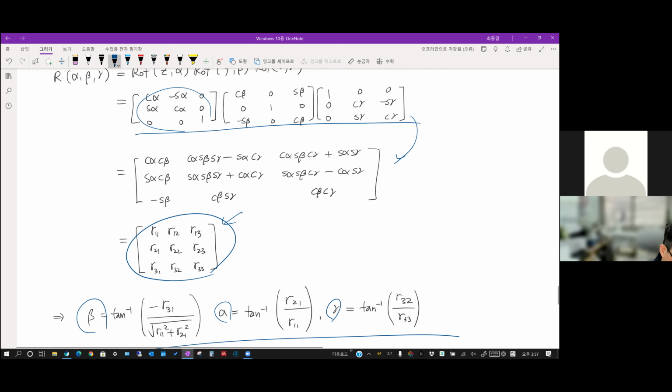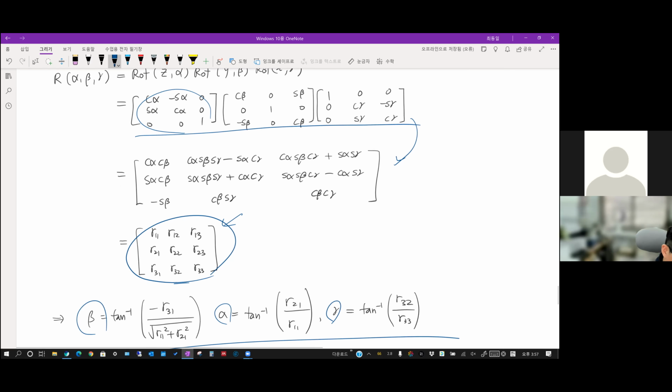So here, if we divide, C beta S gamma over C beta C gamma is equal to R32 over R33.